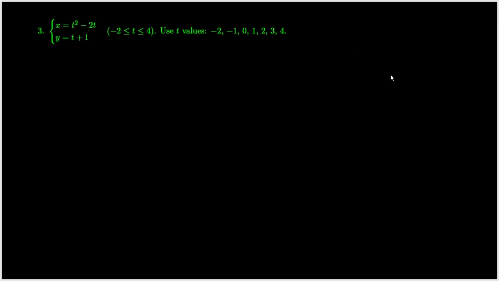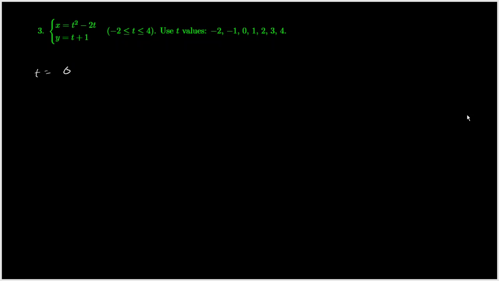It should be simple to get all the points for the t values of -2, -1, 0, up to 4. It should be simple to compute these points. For instance, to get the point for the t value of 0, you plug t value of 0 into the two equations, and you get one point.